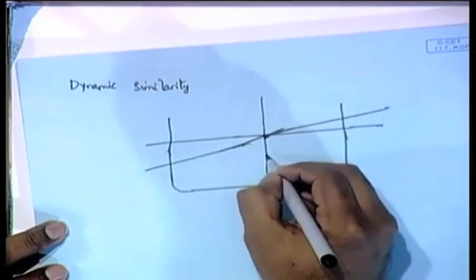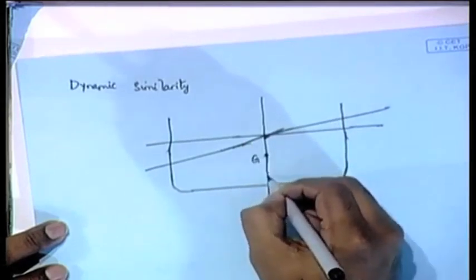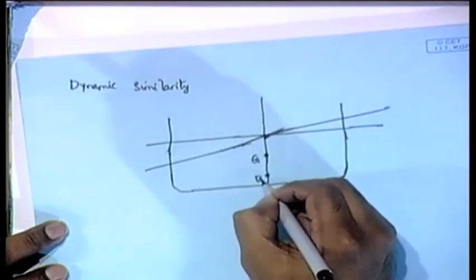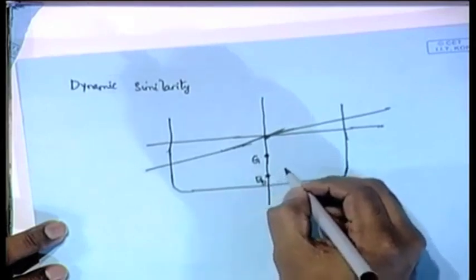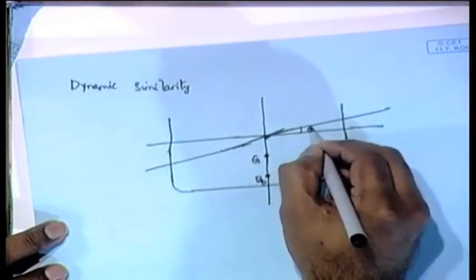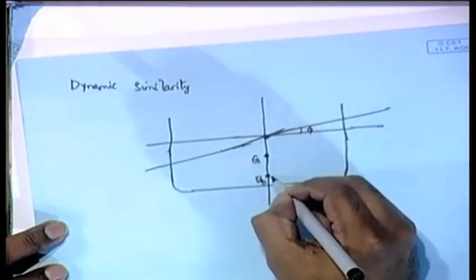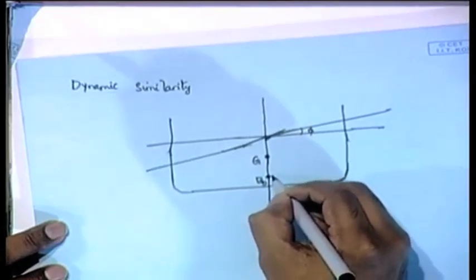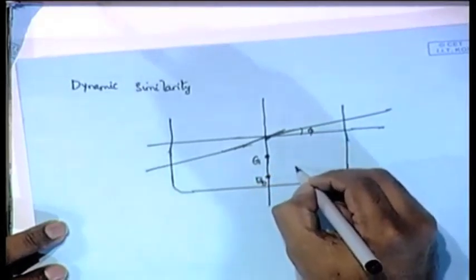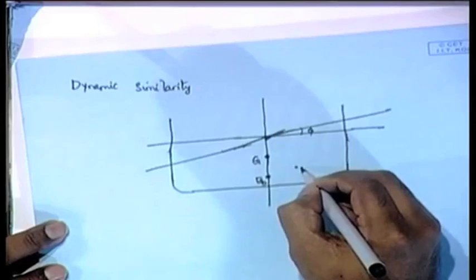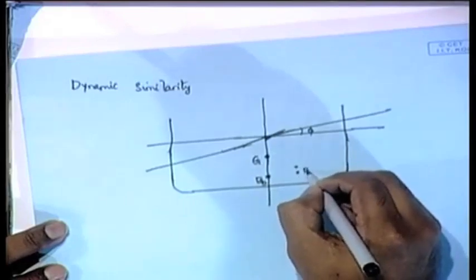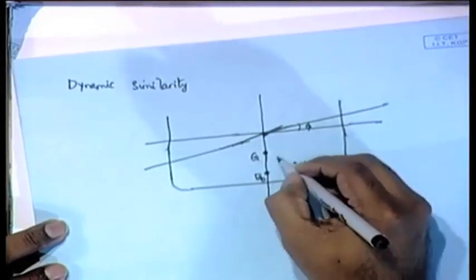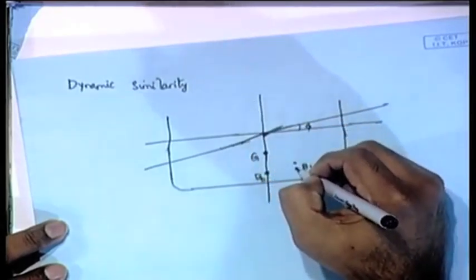Okay, now this is G, this is B0, and now the ship heels by an angle phi, and B0 has gone to some point here, I will call it B1, and here I draw a vertical and same way.